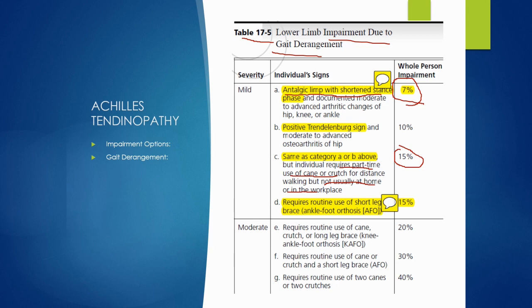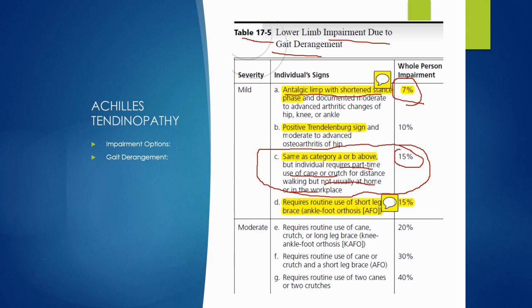Examinees will tell you that they use a cane or a crutch when they go out of their house, such as when they go shopping, such as when they go to the flea market, but generally not at home. So with these types of examinees, all you need is some sort of objective verification, such as a photo or an actual cane or a crutch that they bring to the face-to-face meeting with you.